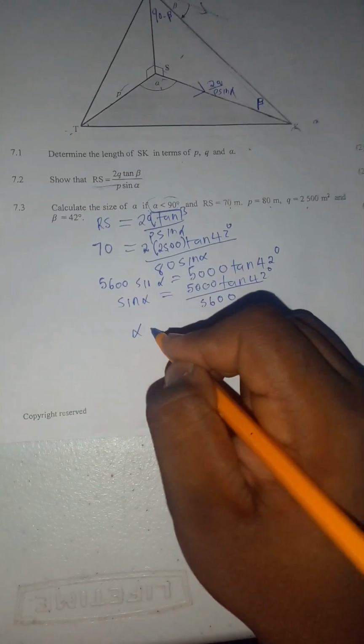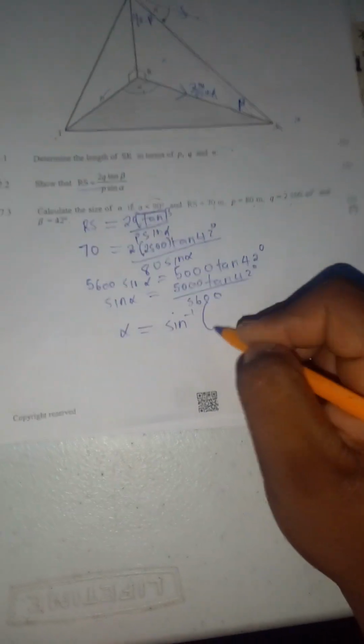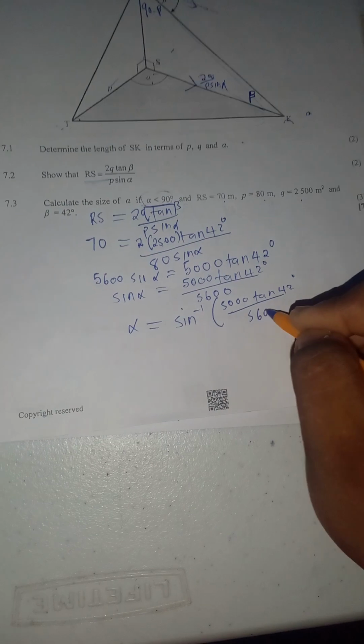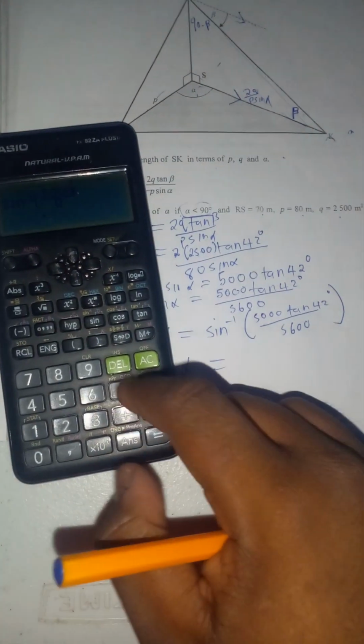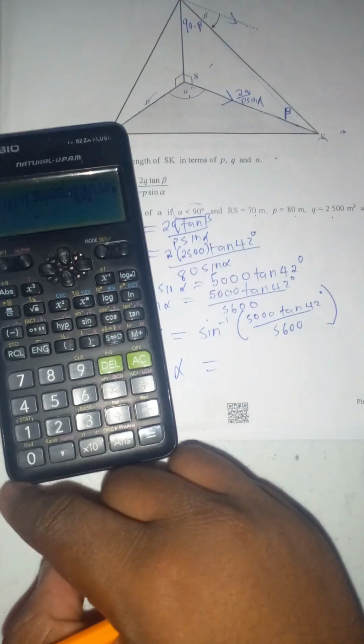After that, I can simply say alpha equals arc sine of the whole thing, 5000 tan 42 degrees over 5600. And then therefore my alpha will be equal to, let's check on our calculator first, arc sine of 5000 times tan 42 over 5600.